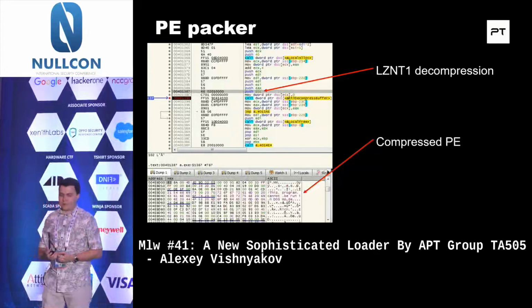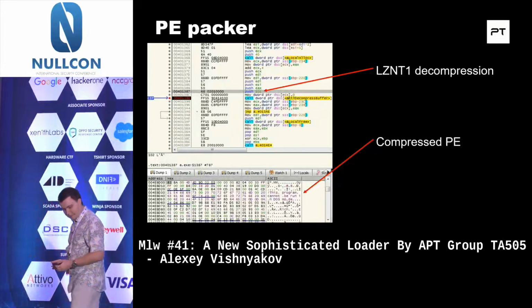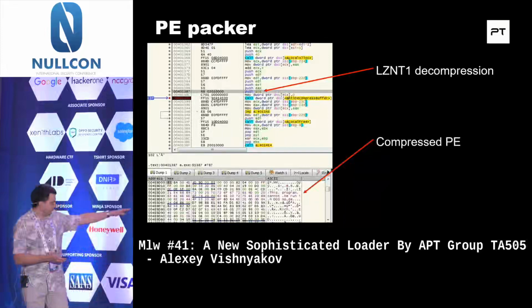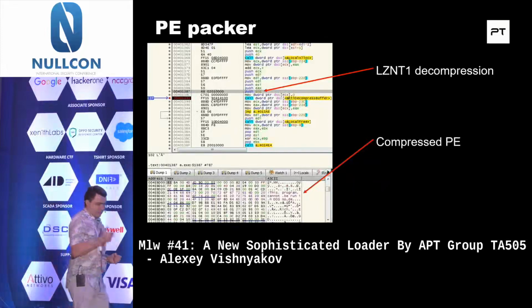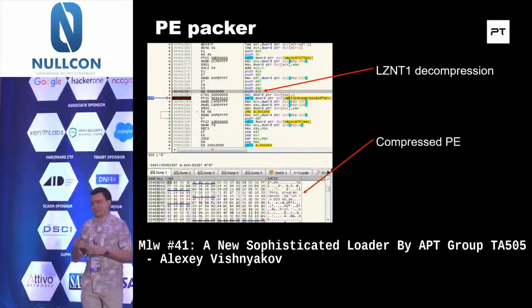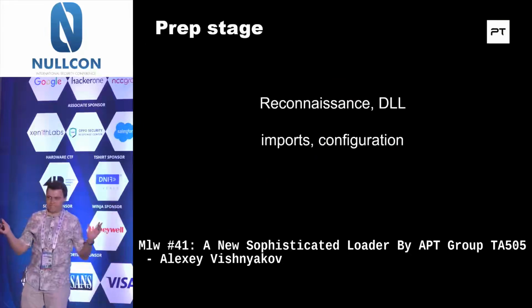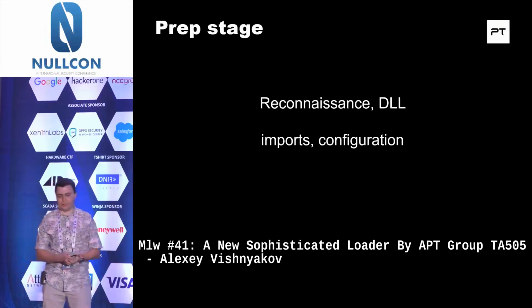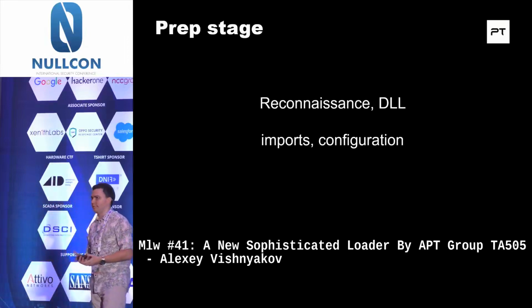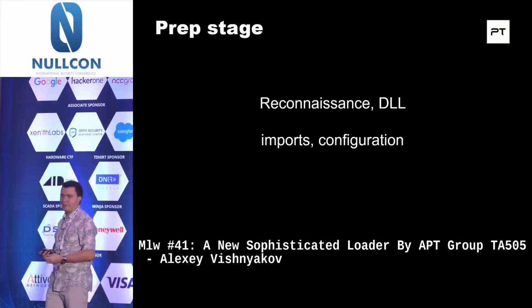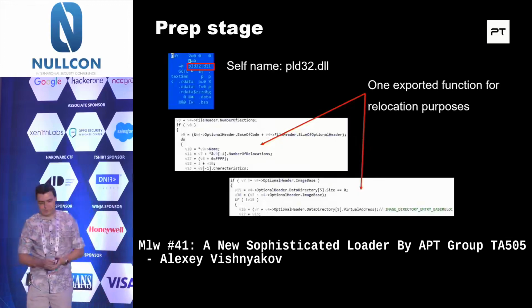And if you look at the data before decompression, we can see some strings just at the bottom of the slide, which helps us understand that yes, there is another portable executable file under that. That's all. That was the unpacking routine, and now it's time to discuss the preparation stage of our malware.